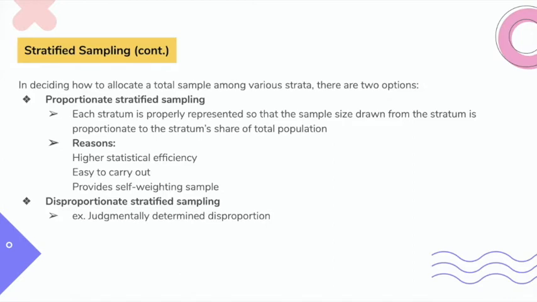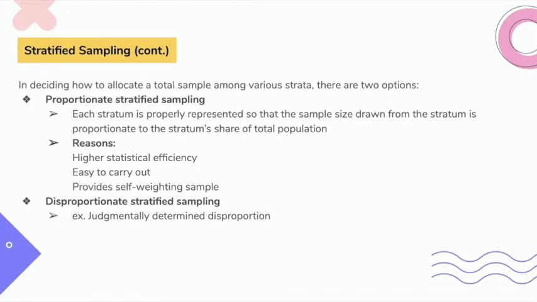As we talk about the process for drawing a stratified sample, there's a step where the researchers can select proportionate or disproportionate stratification based on project information needs and risk. So proportionate sampling is where each stratum is properly represented so that the sample size drawn from the stratum is proportionate to the stratum's share of the total population.